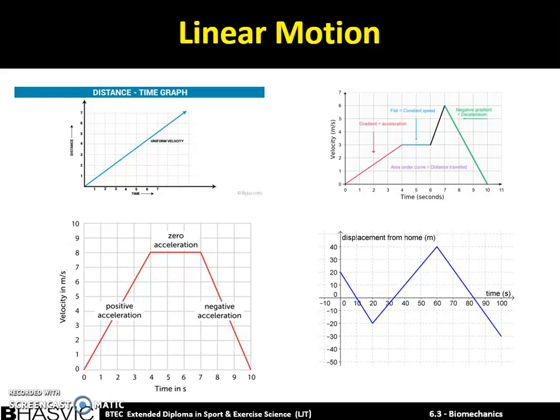However, velocity is speed, but in a given direction. Velocity includes a direction, and therefore it is a vector. If an object was to travel from the left side of this screen over to the right side of this screen, but an object from the right side of the screen was going to travel to the left, this would be a negative velocity to this initial velocity that is going in the positive direction.